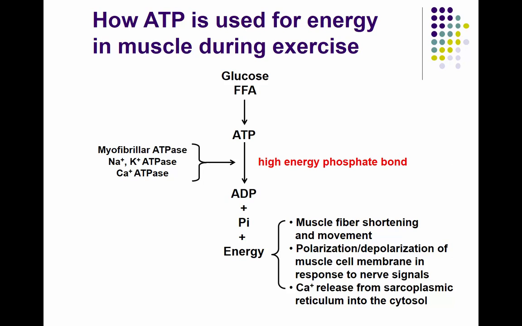This energy is basically used for muscle fiber shortening and movement, and also polarization, depolarization of the muscle cell membrane. And the calcium release is very important, right, to trigger the muscle contraction. So all these activities require ATP's energy, so energy is generated for all these types of activities in the muscle cells, right?